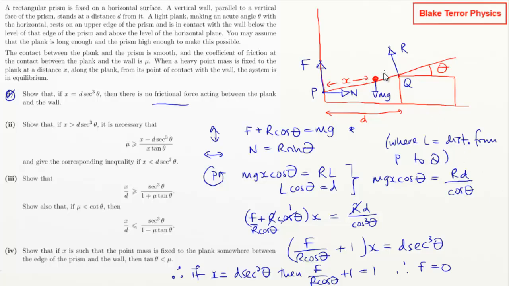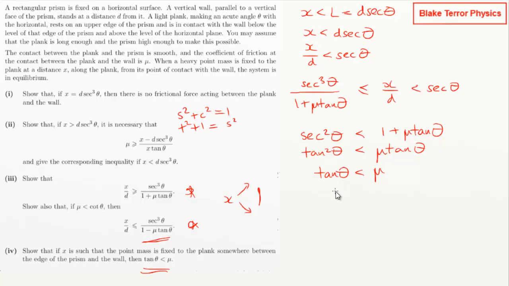As we move this fixed mass further up the plank, we get that flip in F, which is the key point, that is the distance x where the friction flips. And then we have to consider situations to do with that position and the coefficient of friction against the wall. So I suppose it does have a bit more insight into it than maybe I was giving it credit for initially. But yeah, that's a nice question, really. Typical mechanics stuff. So quite pleasing.